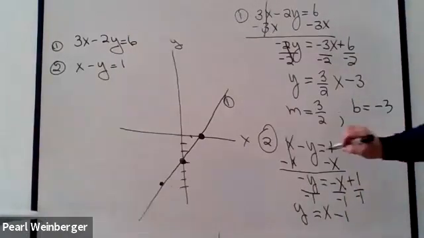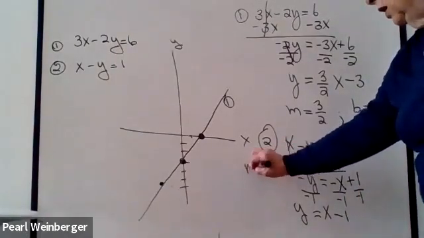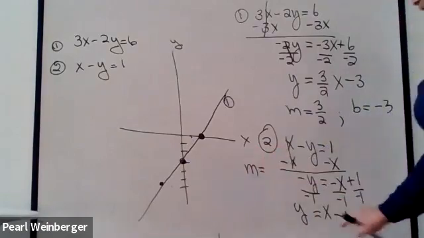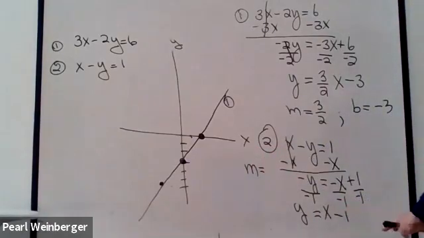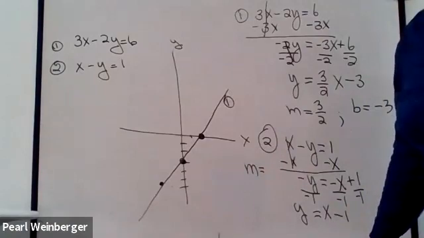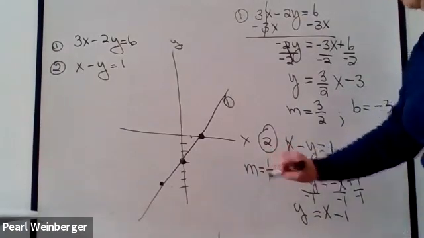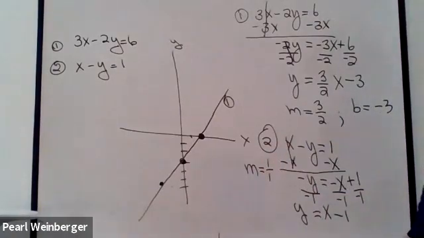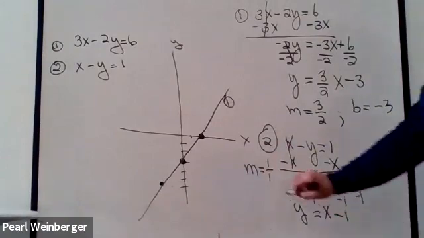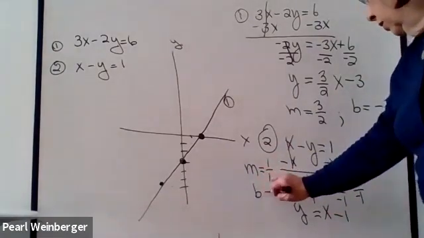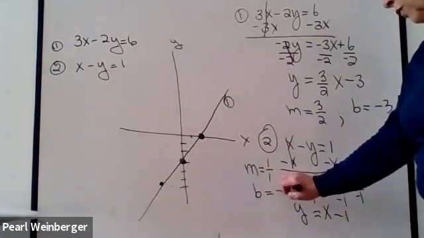So for this particular equation, the slope is the number in front of the x. There's no number in front of the x, which means it must be 1, which we write as 1 over 1. Remember, we like to write the slope as a fraction when we're using it to graph. And the b, the y-intercept, is -1.